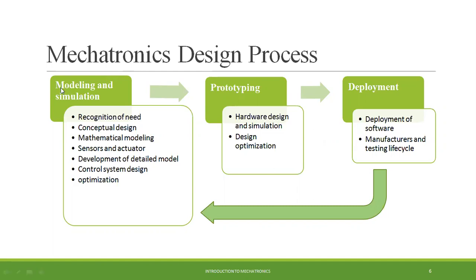First, in order to manufacture or frame up a component to be released to the market, we will have a representation, that is, a schematic or drawing representation. That drawing representation is called modeling.